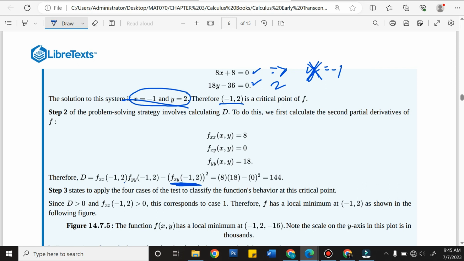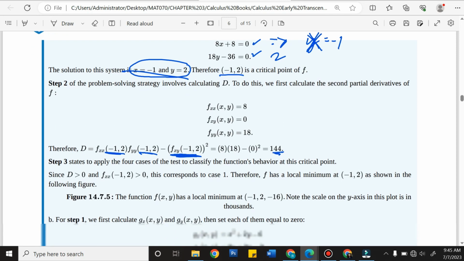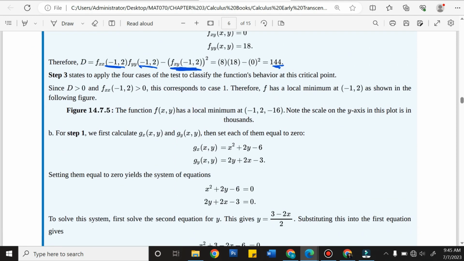Substituting negative 1, 2 directly, we have 144. After you get D, we check if D is greater than 0 or less than 0.